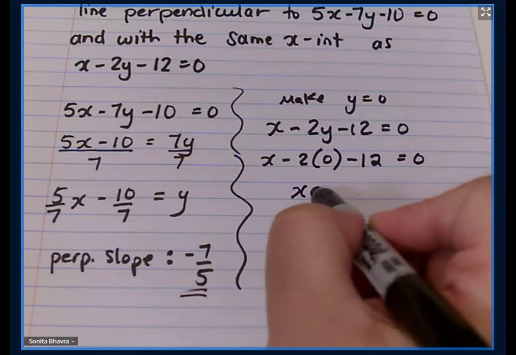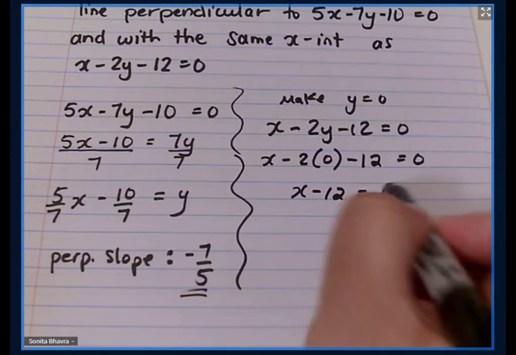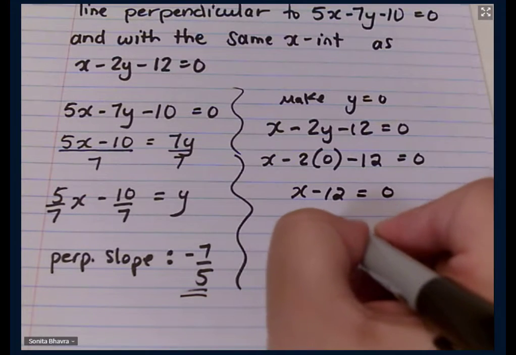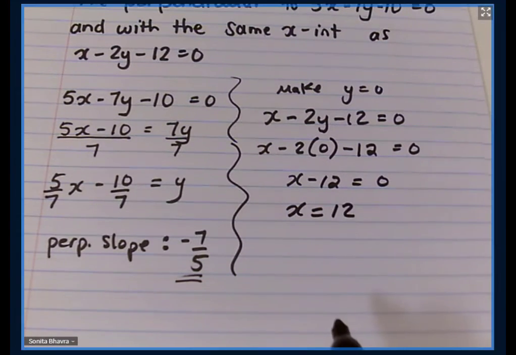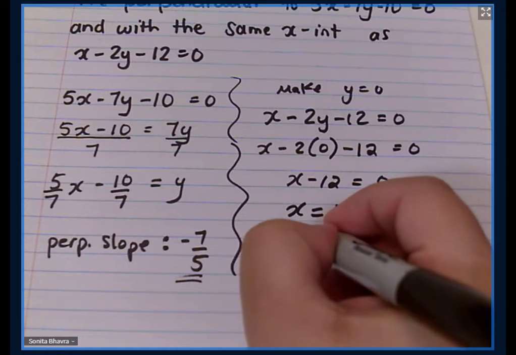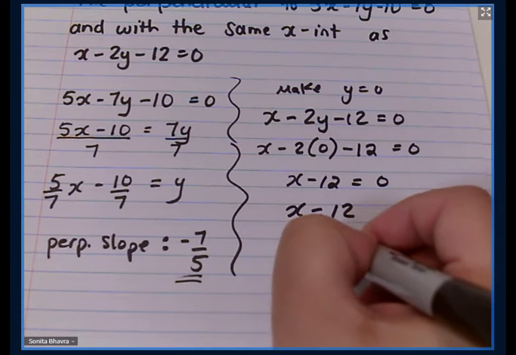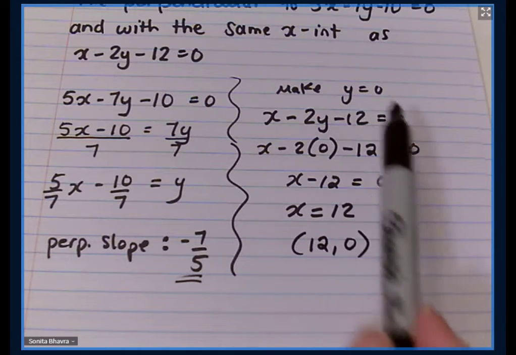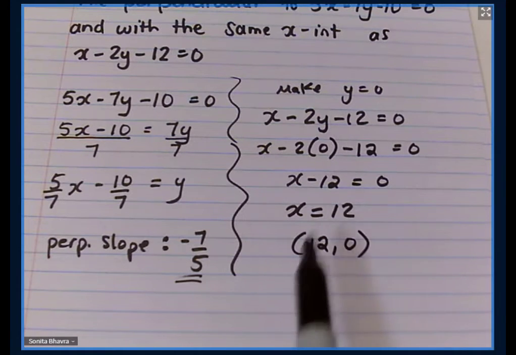So we have x minus 12 is equal to 0. And then x will be equal to 12. So that is our x-intercept at (12, 0). Our y was 0, our x is equal to 12. There's our point, (12, 0).